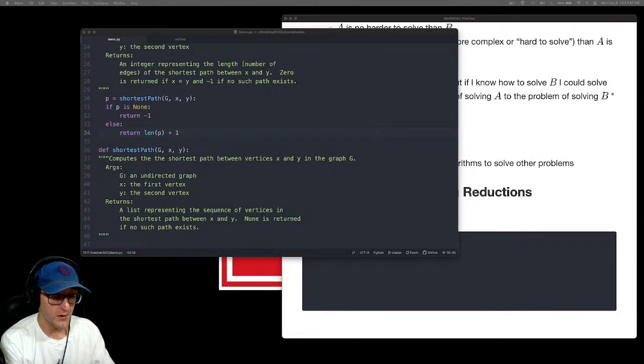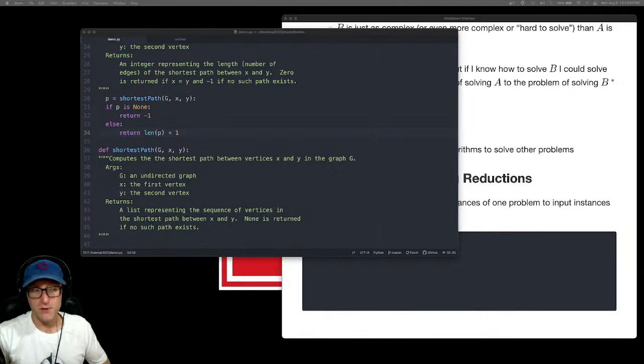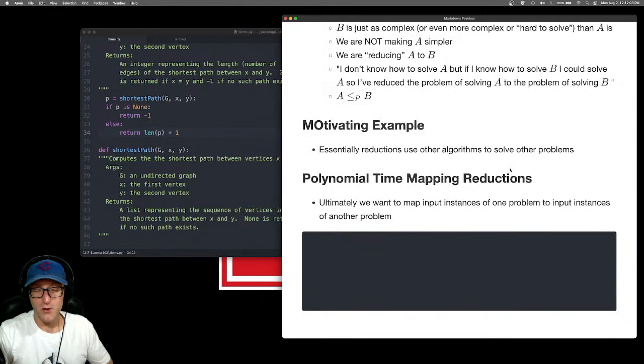Ultimately, we want to map input instances of one problem to input instances of another problem. You can look at Turing reductions like we've just done.